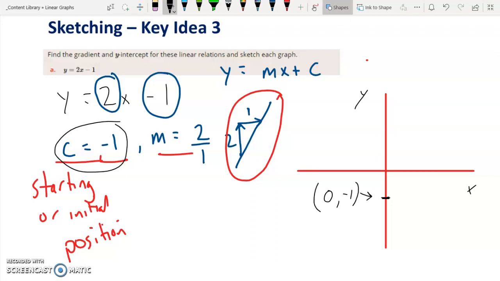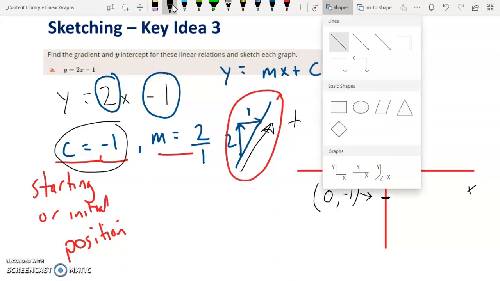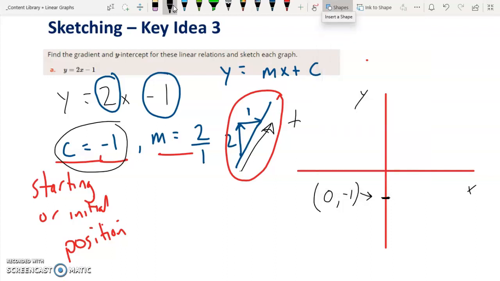Then, the next thing we know is it's going to head in this general direction. It's a positive gradient, so we know that it's going to cross over here somewhere. So all we need to do now is, it goes up by 2.